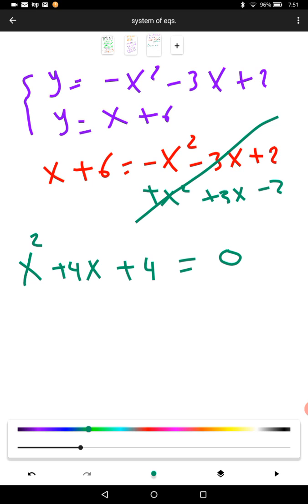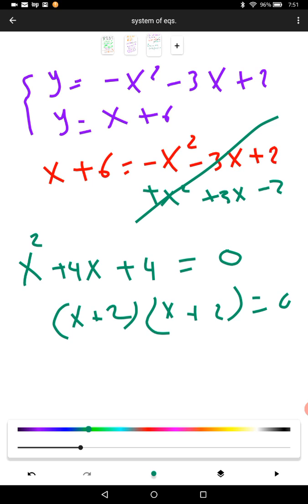We have an equation now, and we can use factoring. You know this is a perfect square equation. We can write it as factors: x and x, 2 and 2, plus and plus. So x equals what now? Negative 2. What's the next step?